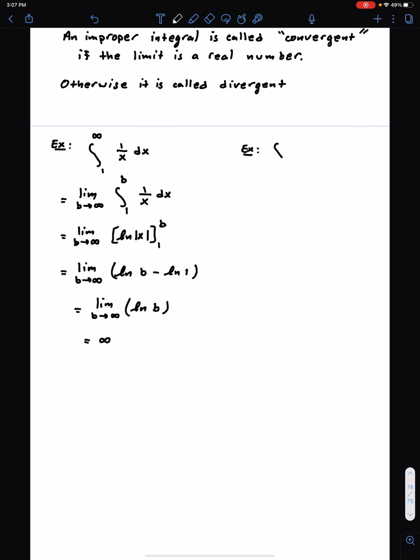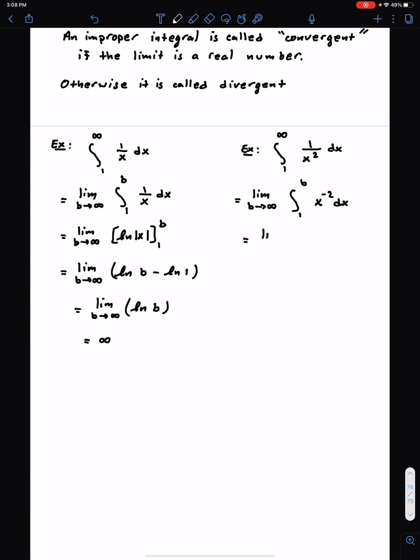If I take a similar integral, but instead of 1 over x, 1 over x squared dx. So it's an improper integral since the upper bound is infinity. So limit as b approaches infinity of the integral from 1 to b. To integrate 1 over x squared, I'm going to bring it up as a negative exponent.